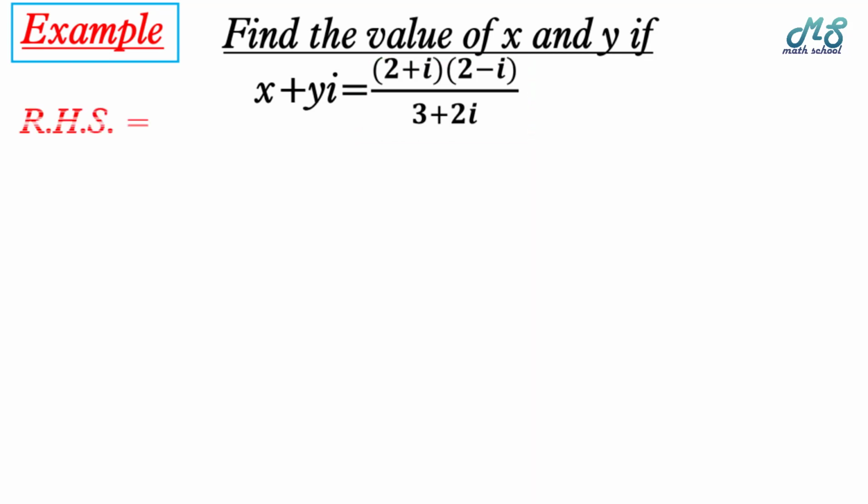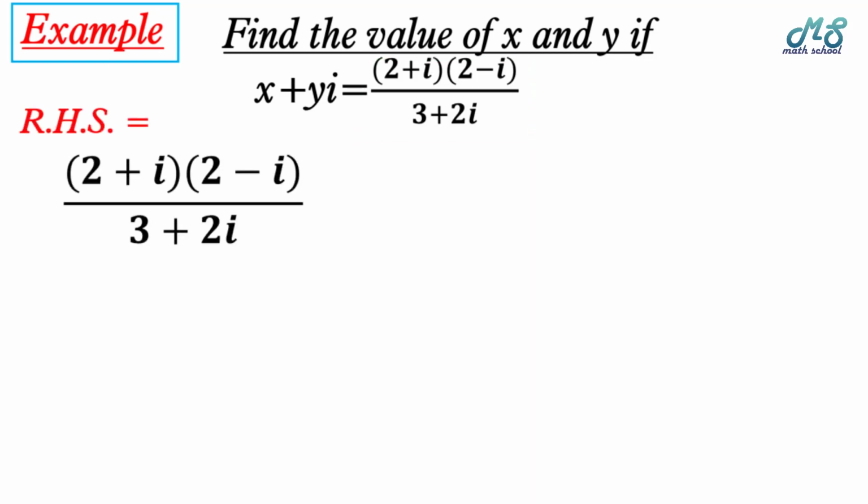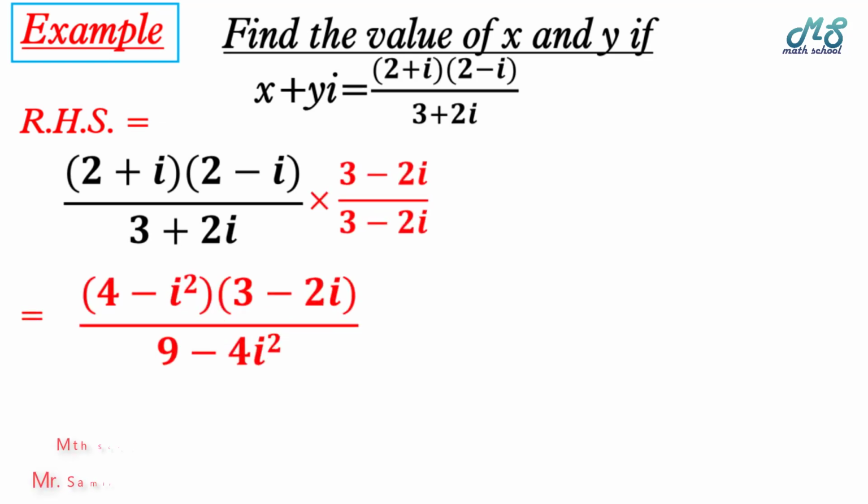We get 4 minus i squared, because 2 plus i times 2 minus i equals 4 minus i squared, directly times 3 minus 2i. Down, we just square the first amount, which is 3, so it will be 9 minus the square of the second, 4i squared. Now, guys, i squared equals what? Equals negative 1.